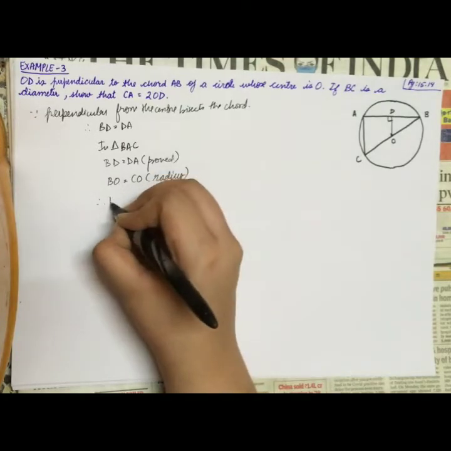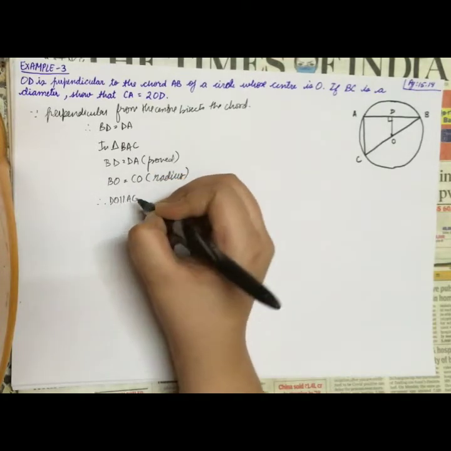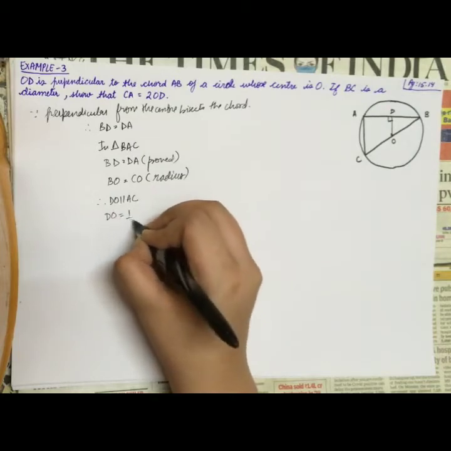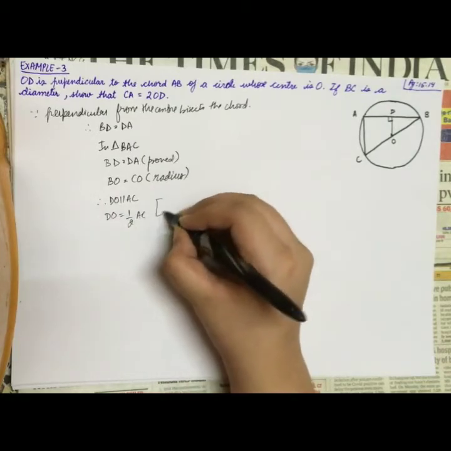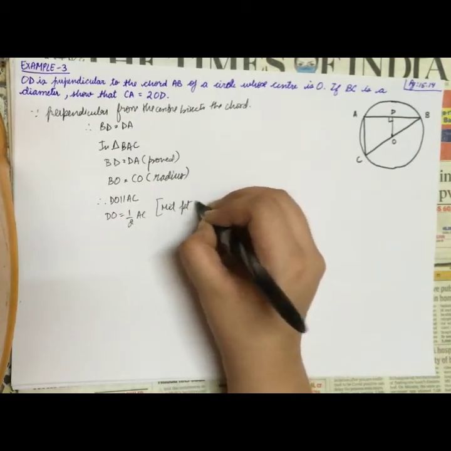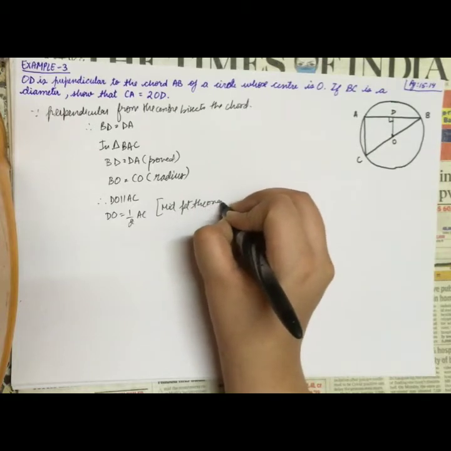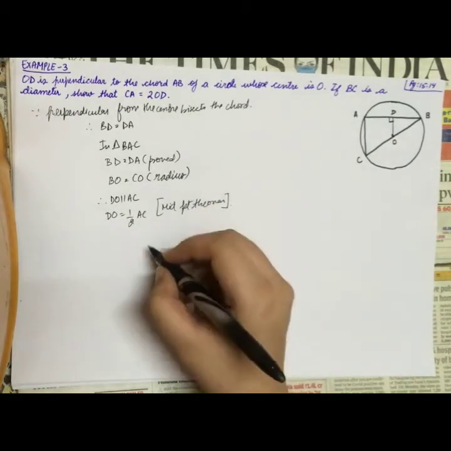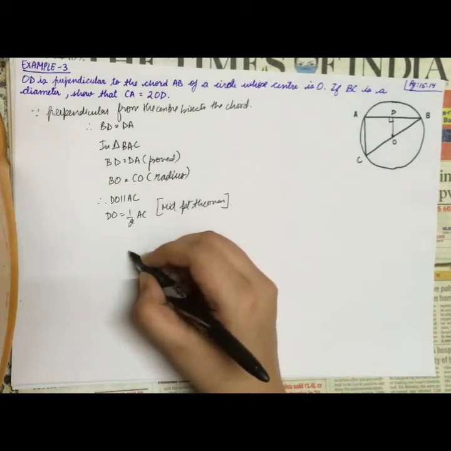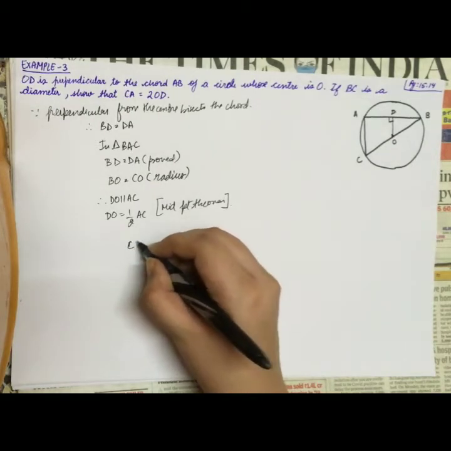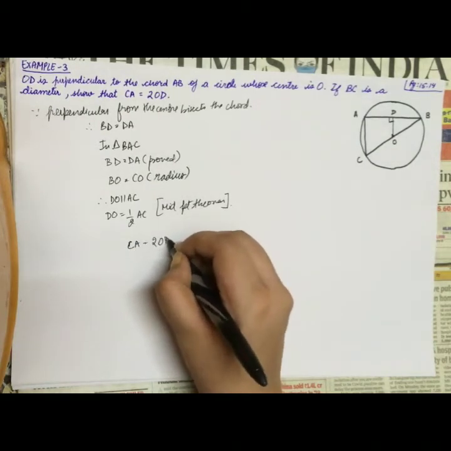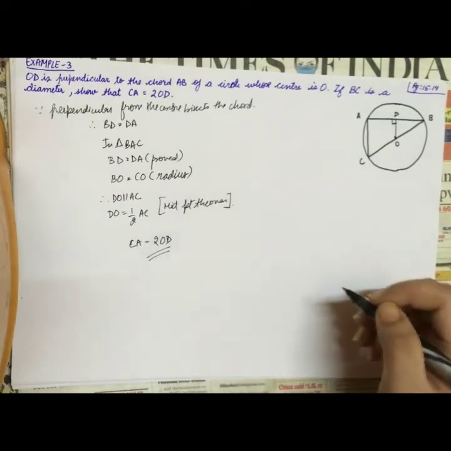Therefore we can say that DO is parallel to AC and DO is equal to half of AC. Why? Because of the midpoint theorem. So now we can write it as CA is equal to twice of OD. Hence proved.